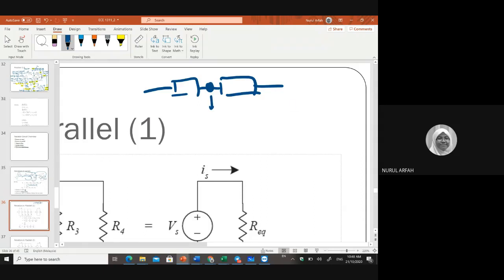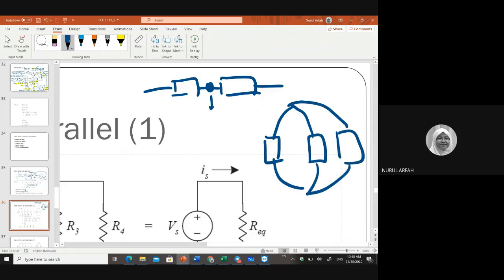But if you have elements connected in parallel, you should have something like this: the ends of both are connected, like this. So you have 2 or 3 elements connected end to end. This is parallel and this is series.